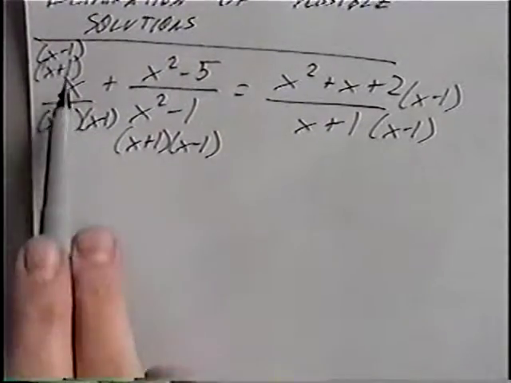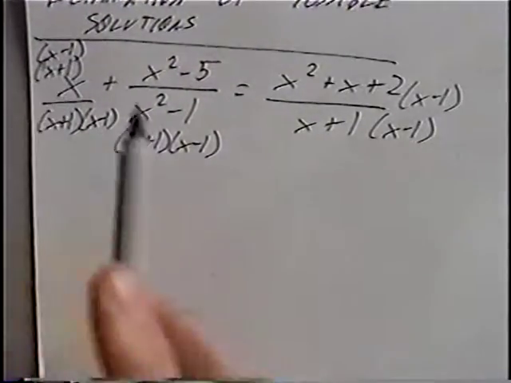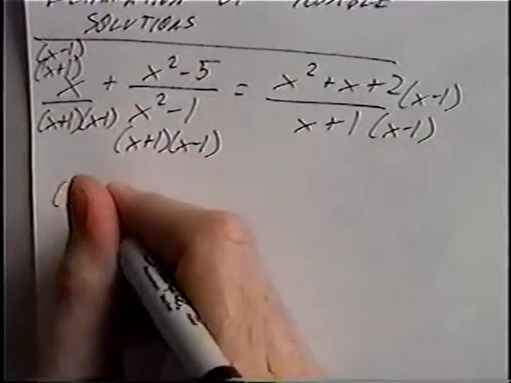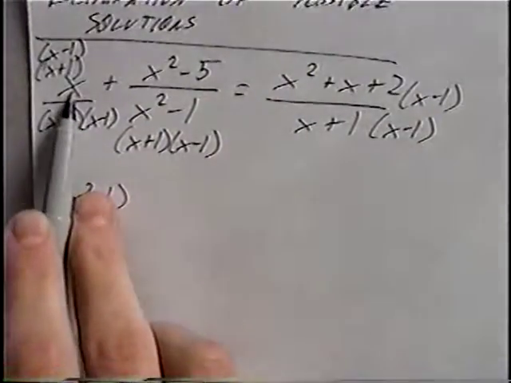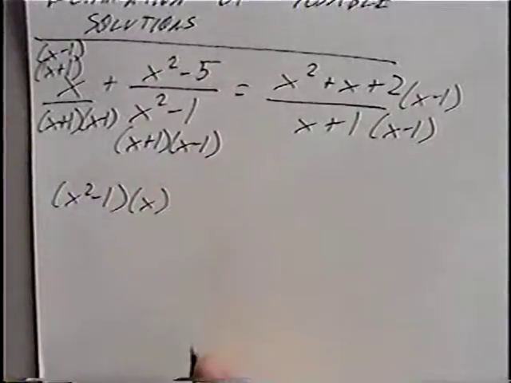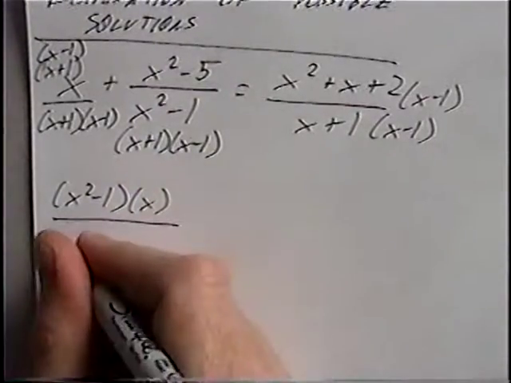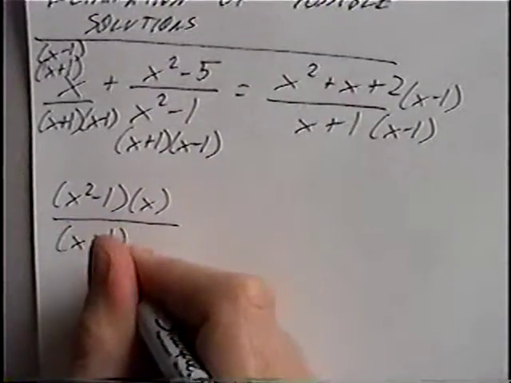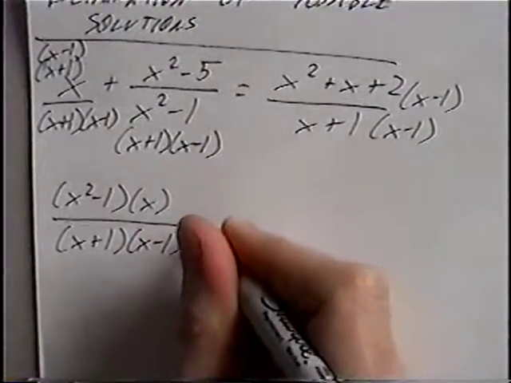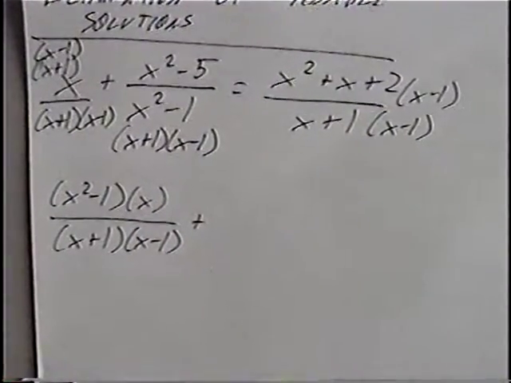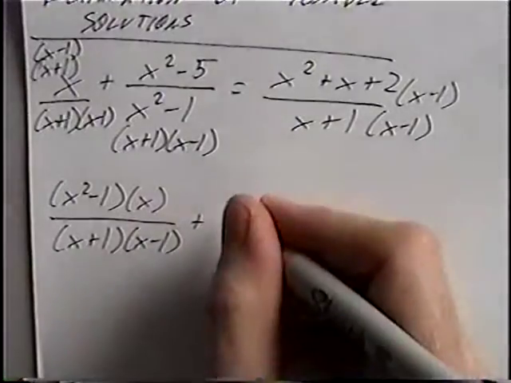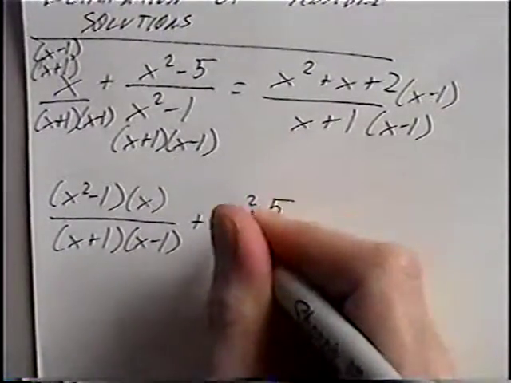Multiplying these out, (x minus 1)(x plus 1) is the same as x squared minus 1, and then we're multiplying by x. And the denominator is (x plus 1)(x minus 1). The second fraction did not change, x squared minus 5.